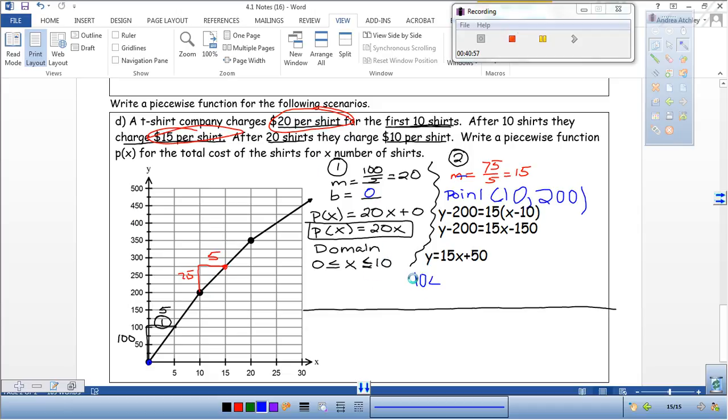The 10th shirt does not cost $15, so that's why it's not going to have an equal to sign underneath this. Okay, so 10 is less than x, and then my 20th shirt is going to cost $15, so it's going to equal 20.